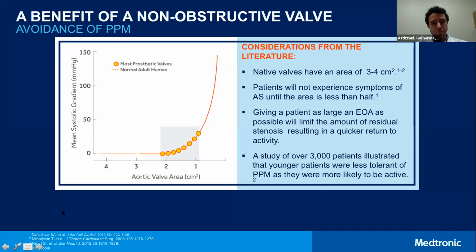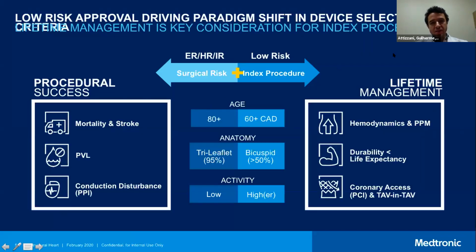And this fits perfectly, and Hemal is going to talk about low risk patients in his talk, but it is important that we pay attention to this. In the beginning of the utilization of this technology, we were focused on mortality, stroke, PVL, and conduction disturbances, which we still focus on, but now we also have to pay attention to the lifetime management of patients, and hemodynamics and patient prosthesis mismatch, together with durability and life expectancy, as well as coronary access, which is another important topic.